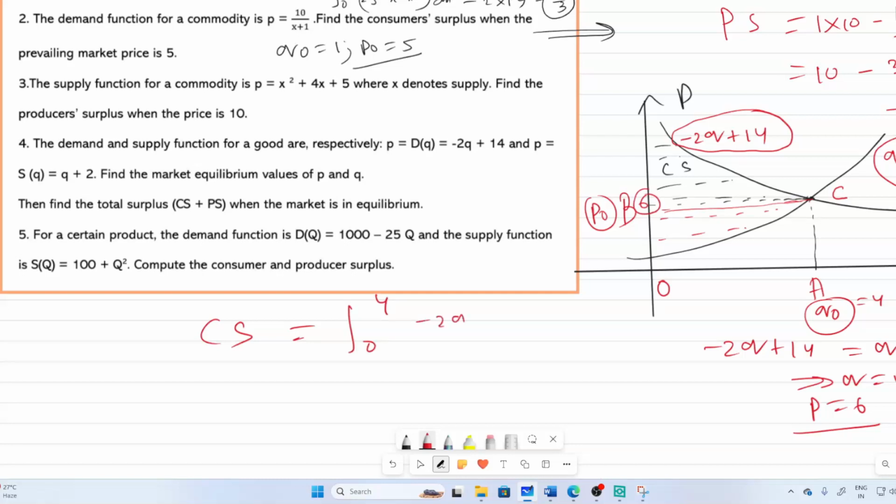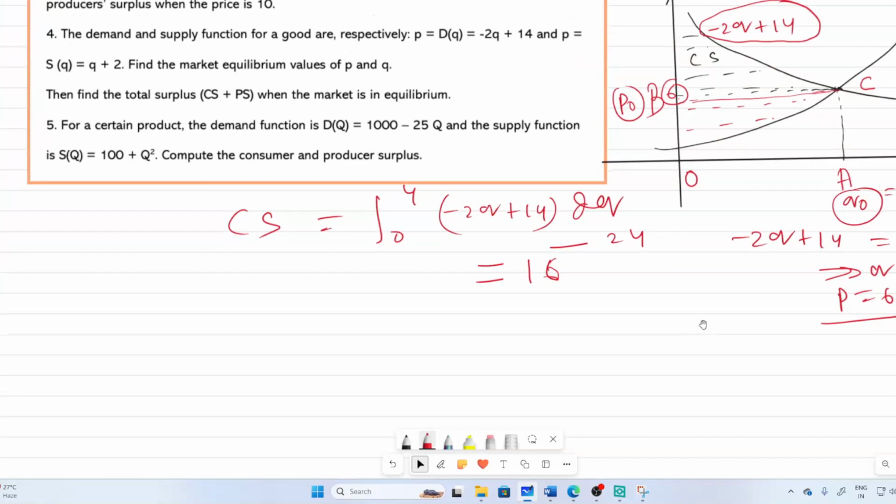This minus 2Q plus 14 dQ, and from there you subtract the area of this portion, which is 6 into 4, 24. On integration I got the answer 16 as consumer surplus. You check, just common integration, or I can do it, no problem. This integration is going to be minus Q square plus 14Q with the upper limit, so this is coming to be 16.